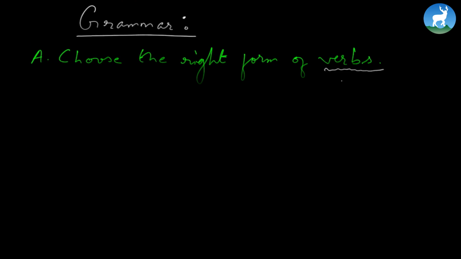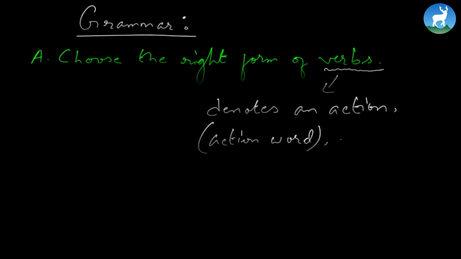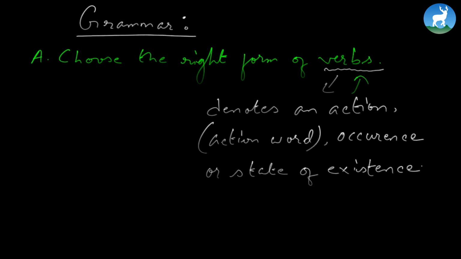How do you define it? To speak, a verb usually denotes an action. You can refer to it as an action word. Maybe it's talking about an occurrence or state of existence.